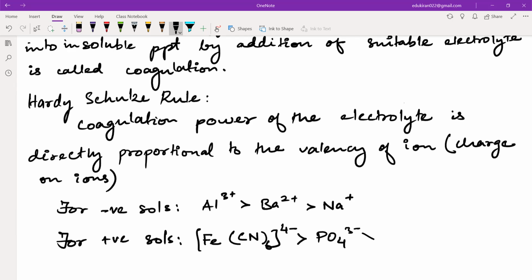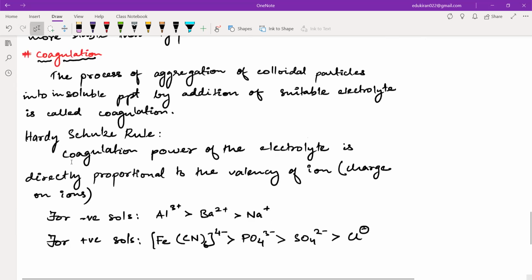Then we have SO4 2-, followed by Cl-. So high charge means high coagulation power. Okay, so write this down about coagulation.